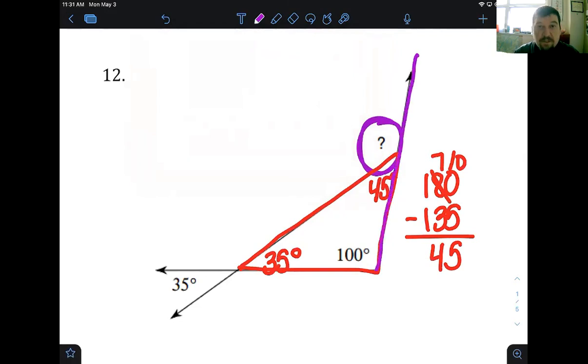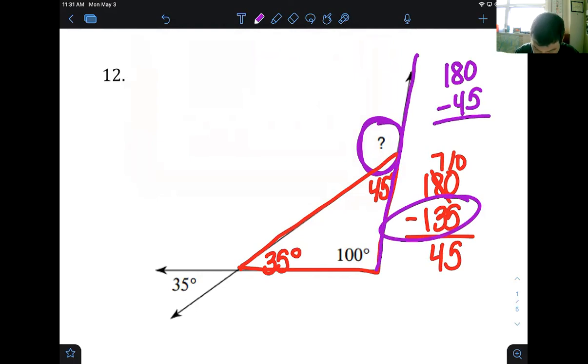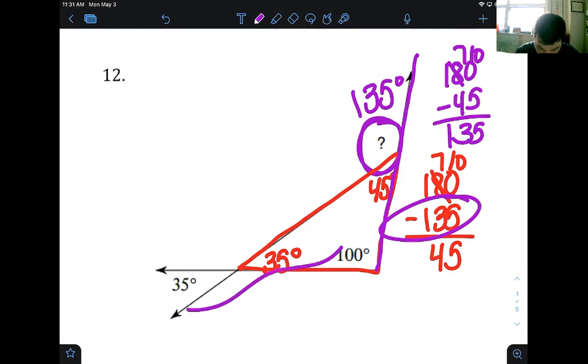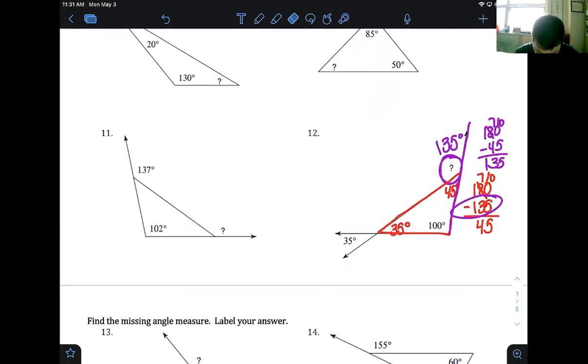And so these 2 angles are supplementary, which means if I do 180 and subtract away the 45-degree angle, well, of course, that's going to give me the 135 that I started with here. And you can see I get 135. So my missing angle here is 135 degrees. So you kind of have to work from one side of the problem all the way through to the other side of the problem.